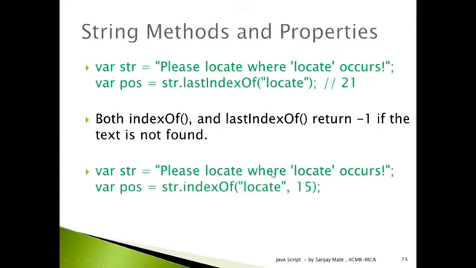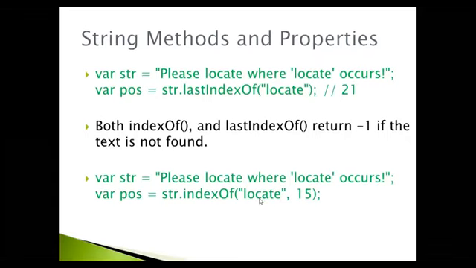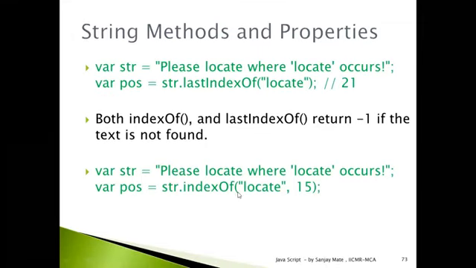In that case, it will count 0, 1, 2, 3, 4, 5, 6, 7, 8, 9, 10, 11, 12, 13, 14, 15. So from this R, it will start searching for the particular locate. You can use 15 with lastIndexOf too, with your locate and 15. It will search from the back also. That is also possible.